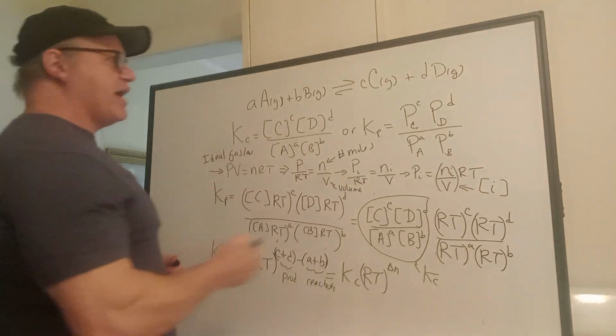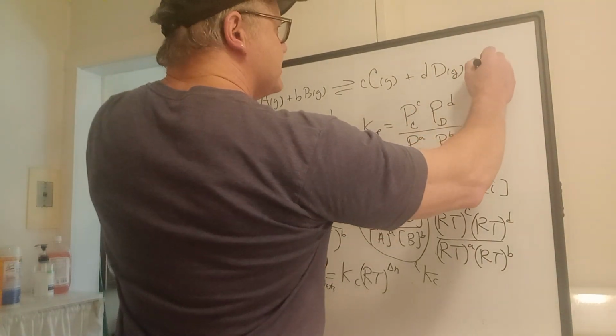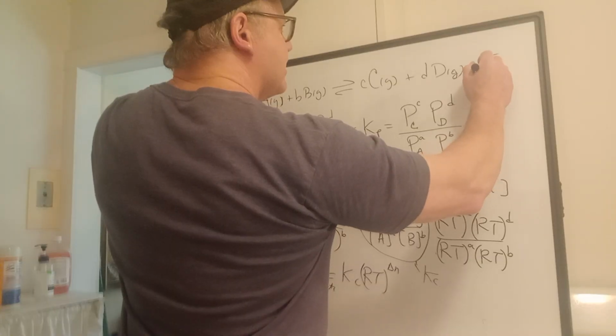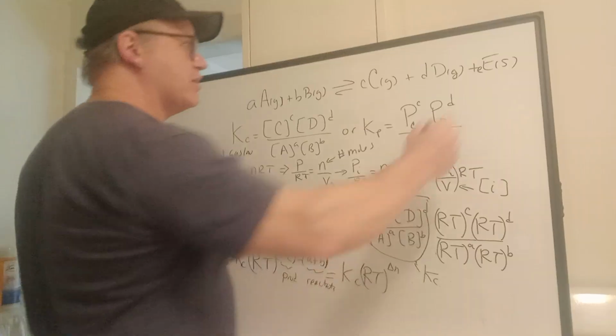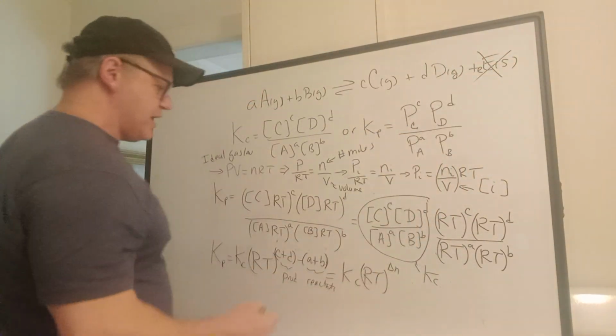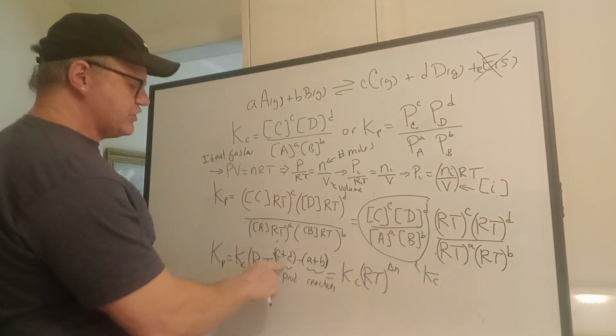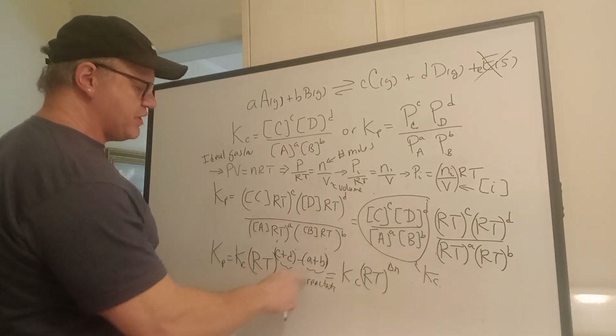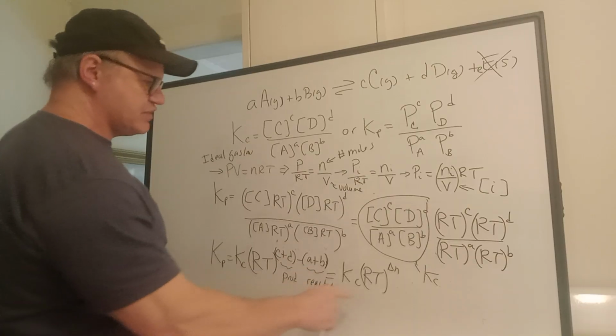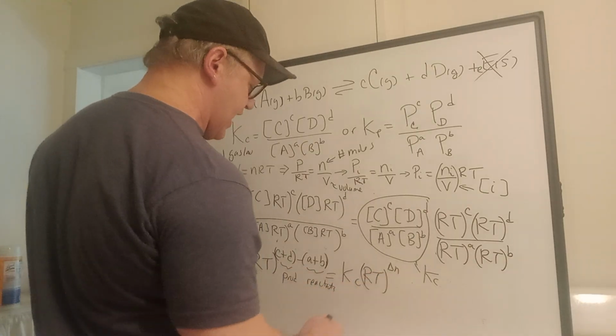But if you had something else, some sort of product, let's say E, and it was solid, that wouldn't build in here. That wouldn't build in, so we don't have to worry about it. Meaning these stoichiometric coefficients are just the numbers in front of the product gas phase species and the reactant gas phase species. And so that's the interpretive n.